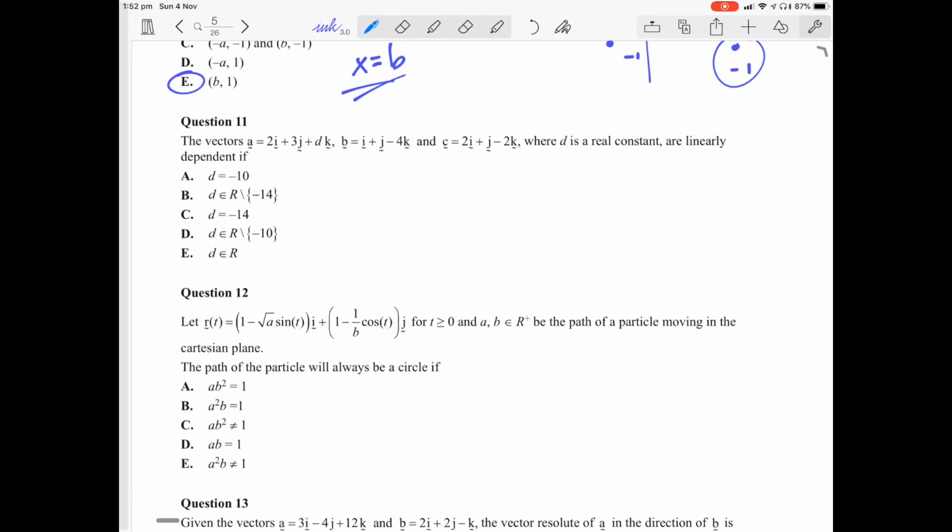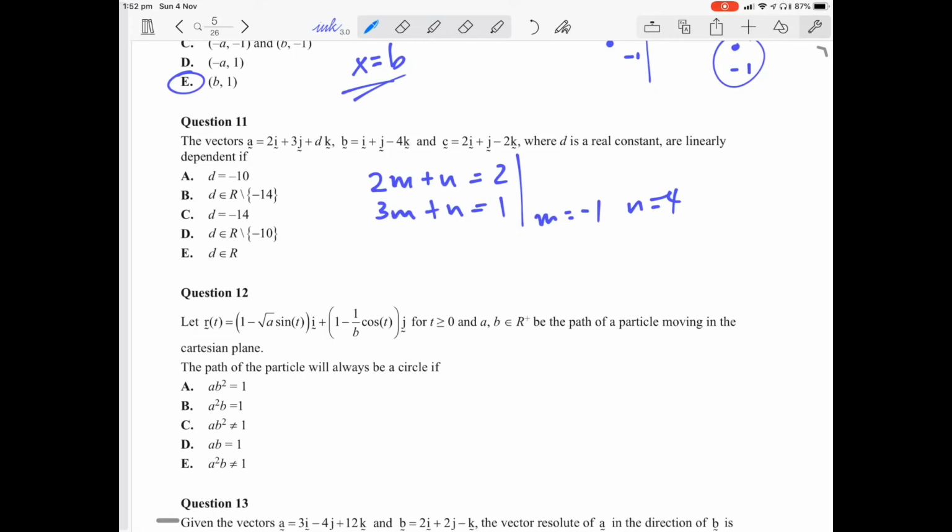This will be linearly dependent if, okay, 2m plus n is equal to 2, 3m plus n is equal to 1. So if we solve that, we're going to get m is equal to negative 1, and n is equal to 4.